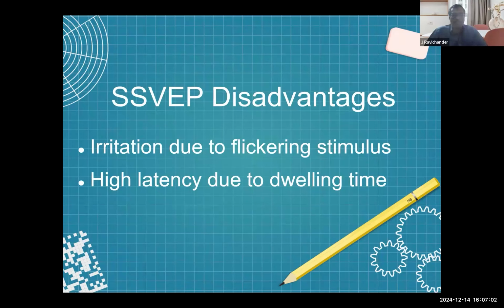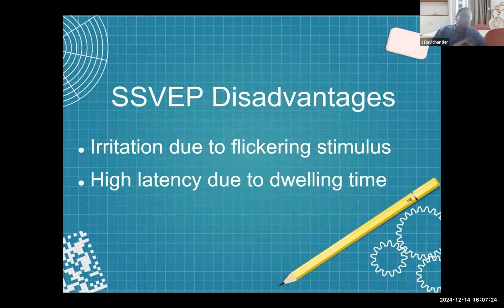Coming to the disadvantages, there is irritation due to the flickering stimulus. Flicker means blinking with some frequencies, and something else flickers with a different frequency.